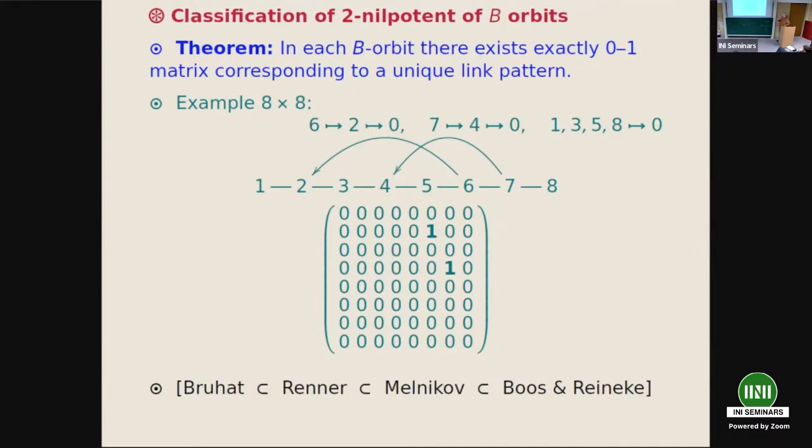Maybe it is pointless to give a precise definition, but this pattern means that 7 goes to 4, so the 7th column goes to the 4th vector, and the 6th vector goes to the 2nd. All the rest goes to 0, and the 4th vector and 2nd vector also go to 0. So the geometry of the action of the Borel group on square-zero nilpotent matrices is just encoded by such diagrams. And this is a particularity of the case of square-zero matrices.